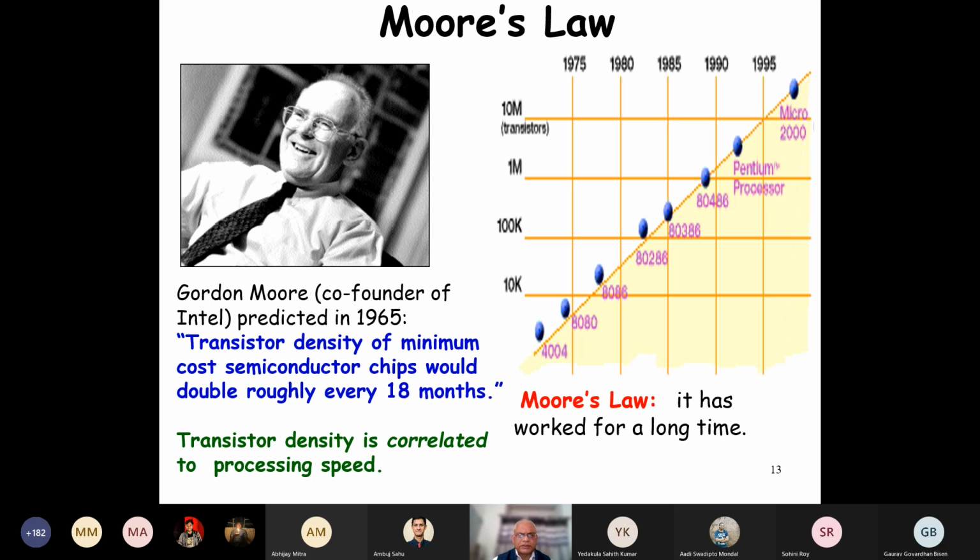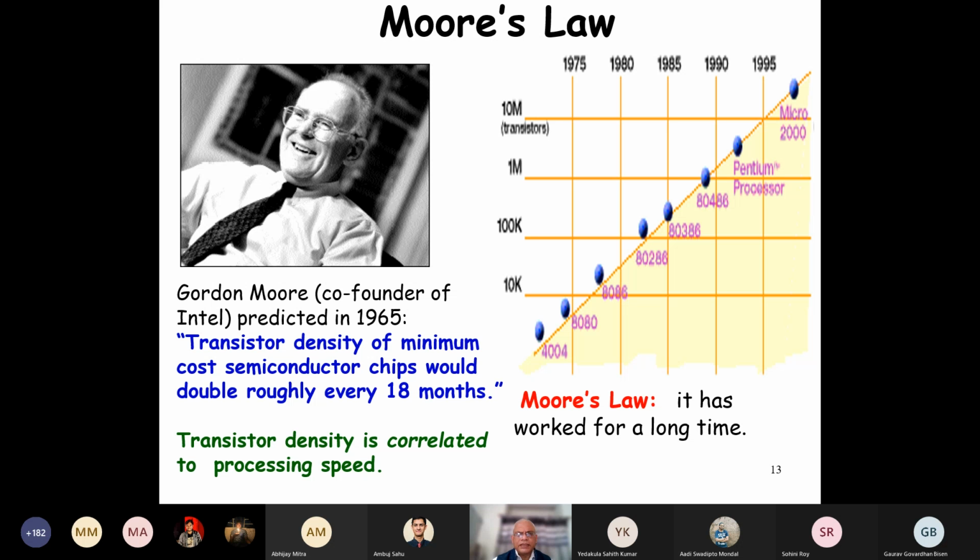This is a fundamental question. How is the availability of more transistors going to improve the processing speed? We'll answer in this course. As you can see here, the Intel processors, starting with 4004, 8080, etc., the transistors are on the y-axis, which is a log scale, and the x-axis is a linear time scale.